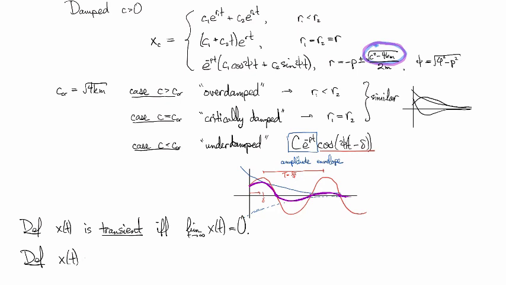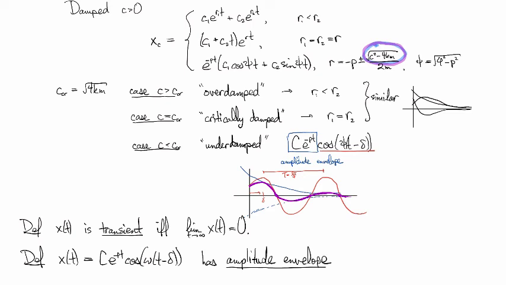If you've got something that looks like c e to the minus pt cosine of something like that, then the amplitude envelope is c e to the minus pt, the thing that's multiplying the oscillatory part.